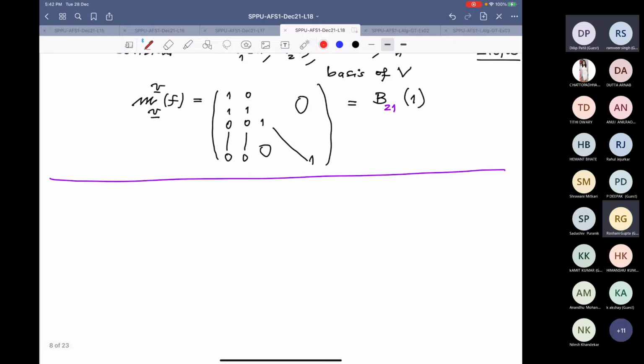I want to say that these matrices B i j a, where i not equal to j and a is a non-zero scalar, are the elementary matrices you get by adding a multiple of the jth row to the ith row. And on the other hand, we have this B21 matrix.